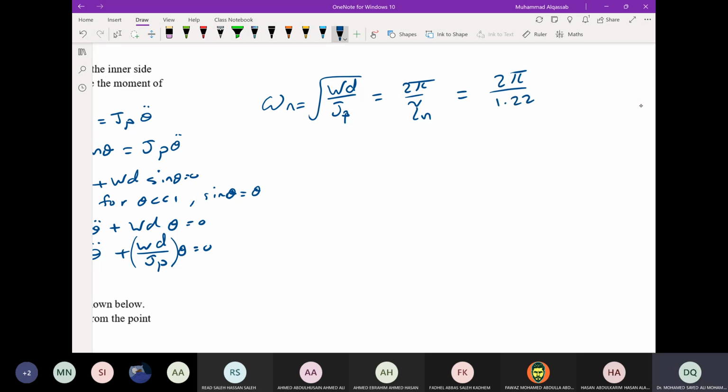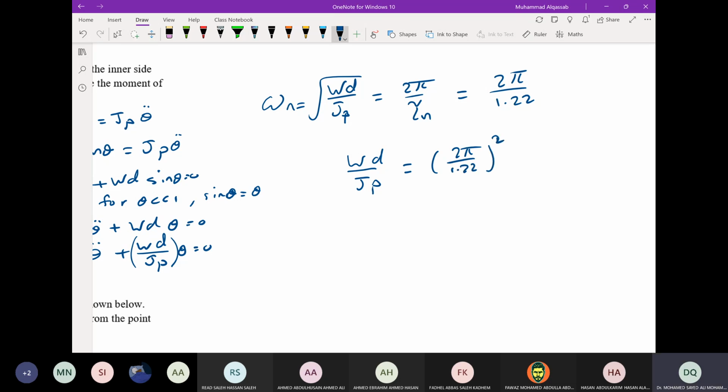The weight is given as 70. The D is given as 6. You can square both sides and get that WD over J_P equals (2 pi over 1.22) squared.